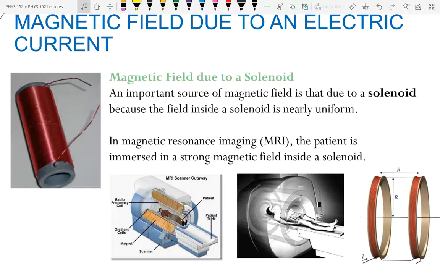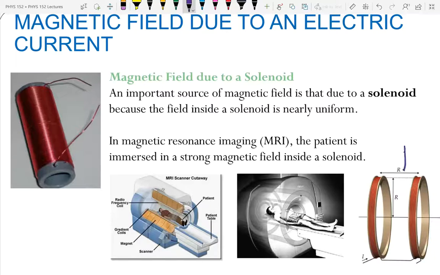So they want really strong magnetic fields. So they put you in this machine that's a huge coil, a huge solenoid, to make a really strong magnetic field. So if you ever go in for an MRI, one of the things they tell you is you can't have anything that's metal. Why not? Because it will be torn away from you. Right? Nobody wants that. So no metal.